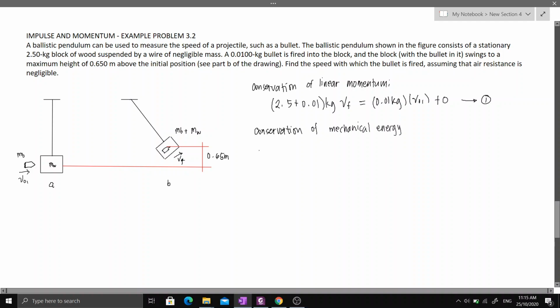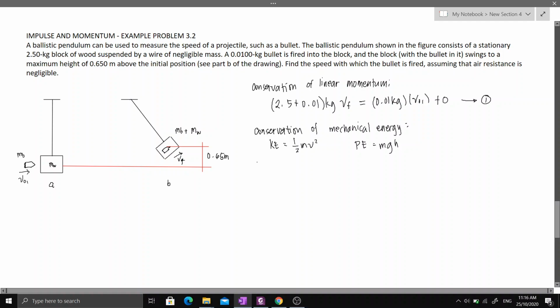So this involves the kinetic energy and the potential energy of the system. So for the kinetic energy, we know that it is equal to 1/2 times the mass times the square of the velocity. And the potential energy is equal to the mass times acceleration due to gravity and the height h.